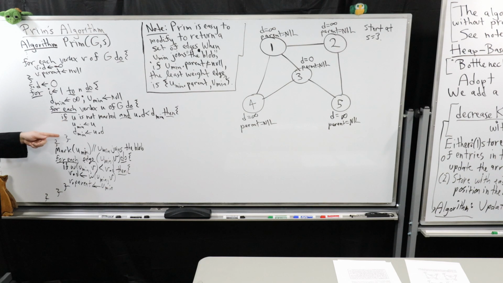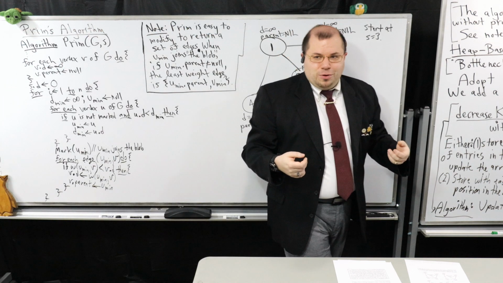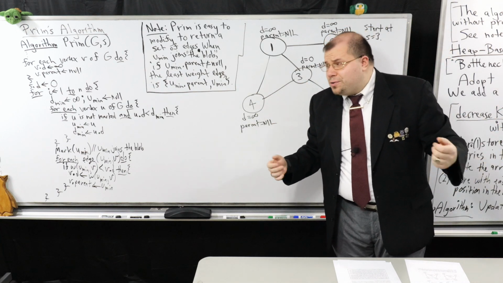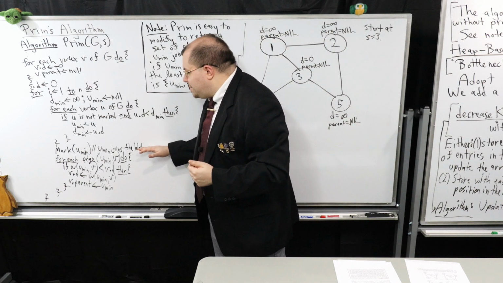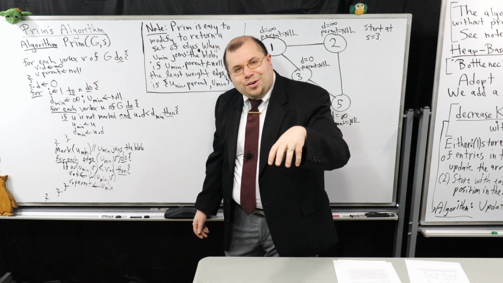Once I've picked this, I've determined which vertex the blob is going to devour, and then I update what the blob can see from the perspective of the blob, which is: among all the vertices that are in the blob, can I discover anything new? Now, you'll notice very quickly that the only things I have to update are what I discover once the blob devours that vertex.